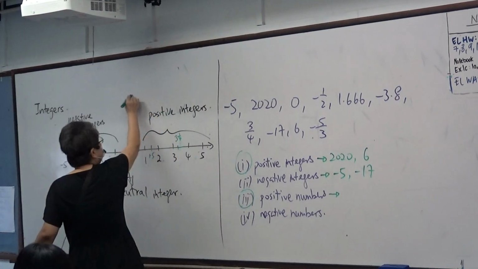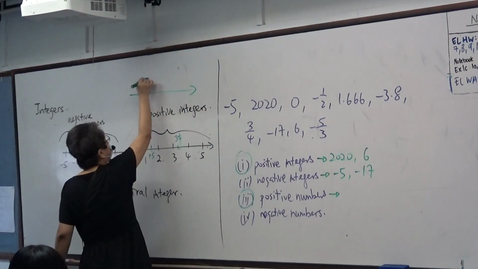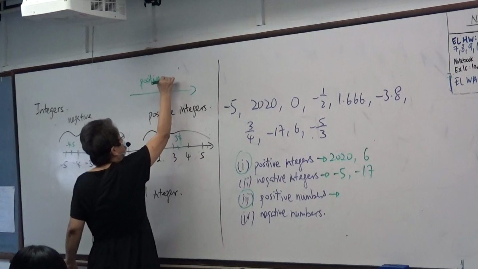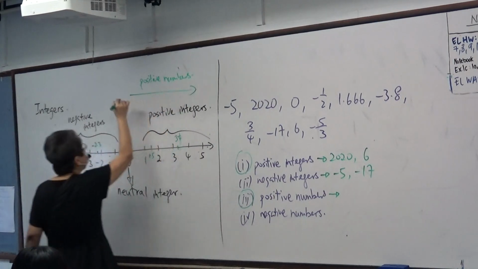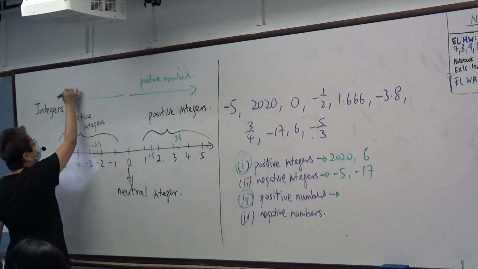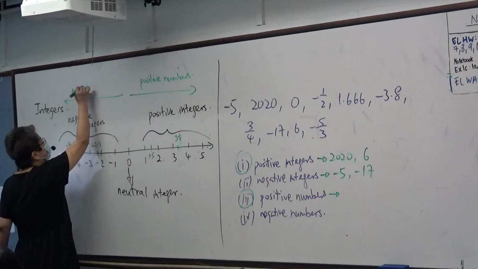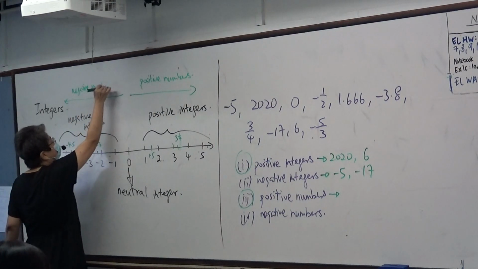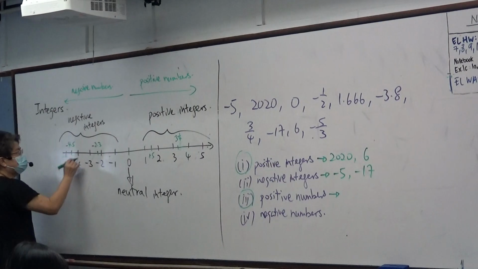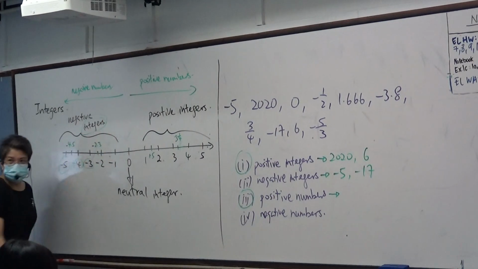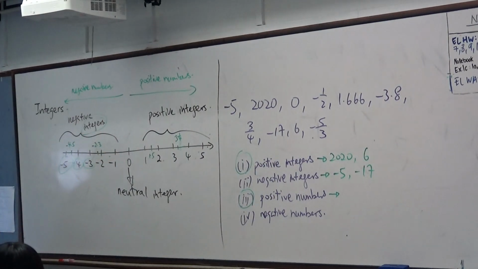That means numbers on this side are all called positive numbers, and numbers on this side are all called negative numbers. Just that when it is this type, it is called integers. Are we clear?